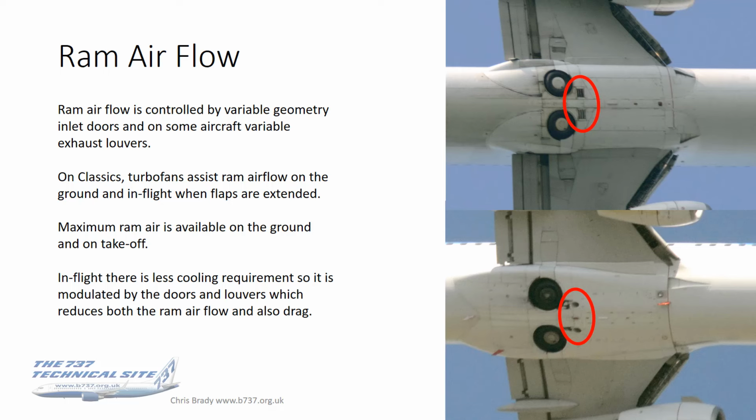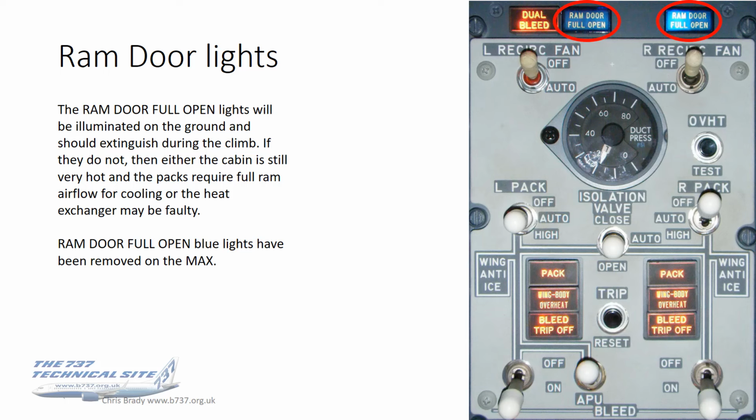On the classics, you've also got a turbofan in each side as well to assist with the ram airflow on the ground, and in flight with the flaps extended. Maximum ram air is available on the ground and on takeoff. The ram air door full open lights should be illuminated on the ground and should extinguish during the climb.